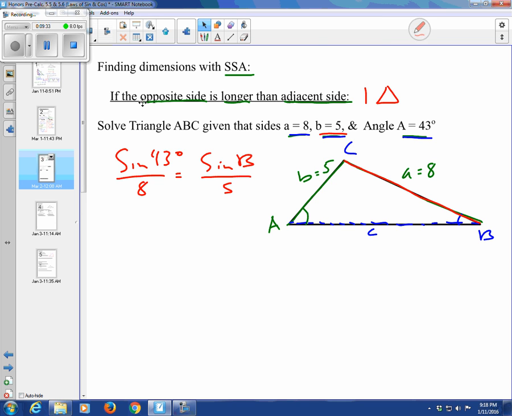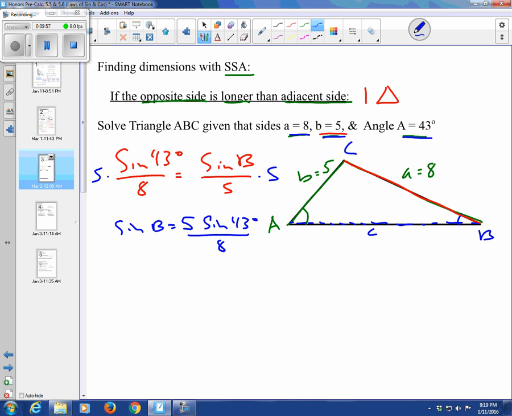And now right here, what we can do is solve for sine of B by multiplying 5 on both sides. And when we multiply 5 on both sides, we get sine of B equals 5 sine of 43 degrees over 8.